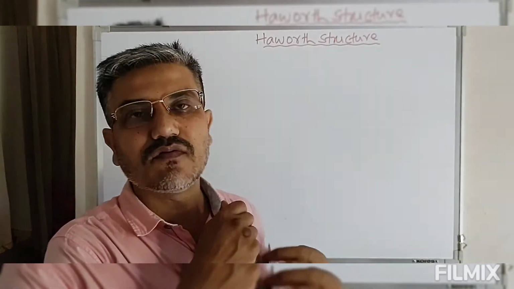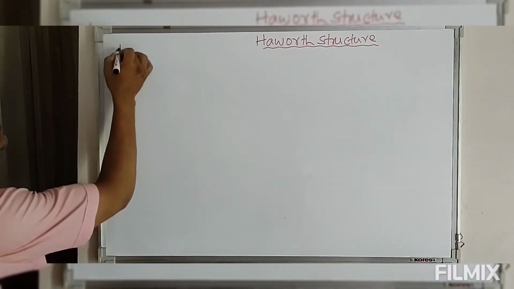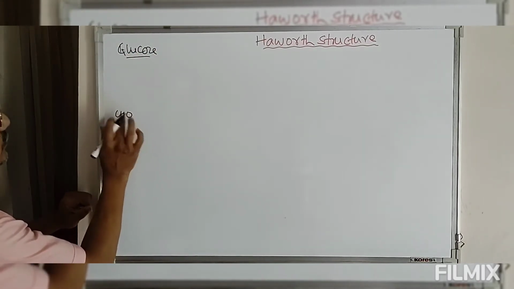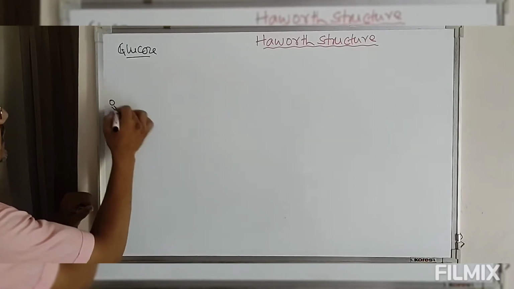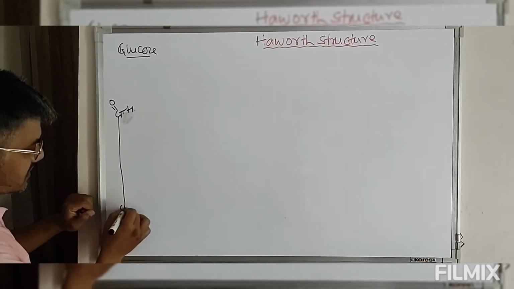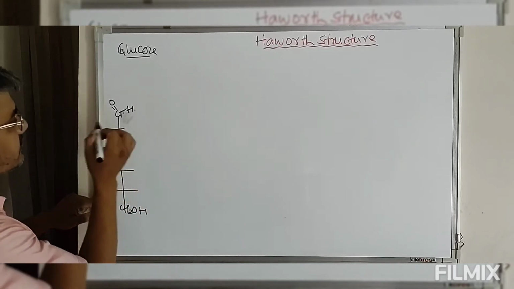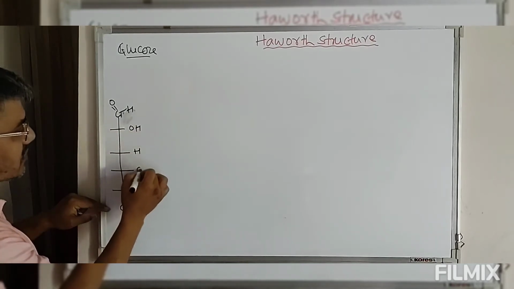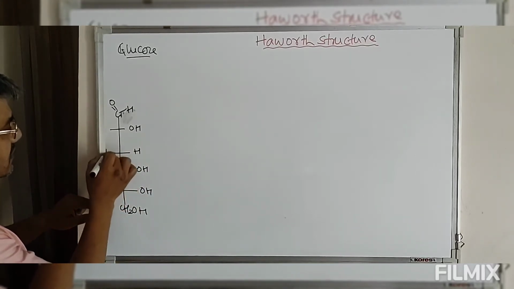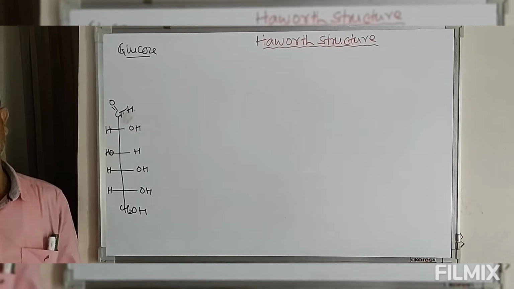So we'll take this example of glucose. We'll start with glucose. So this is CHO, that is C double bond O H, that is the aldehyde group. We have CH2OH, OH, H, OH, OH, H, H, OH, H. This is the open chain structure of D-glucose.